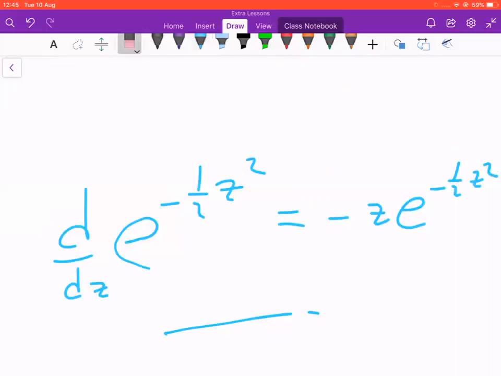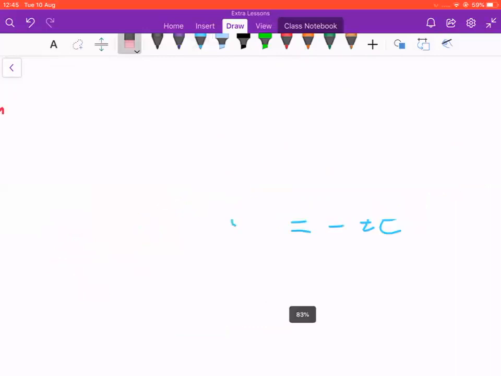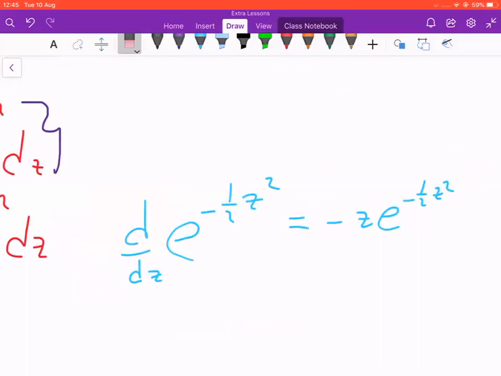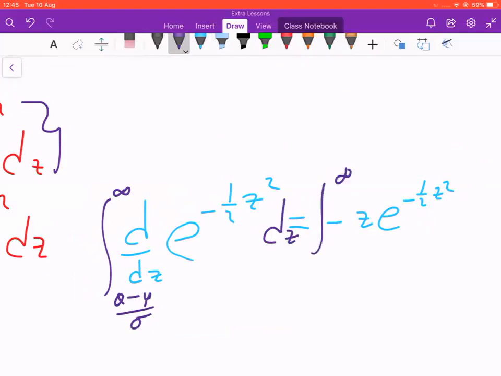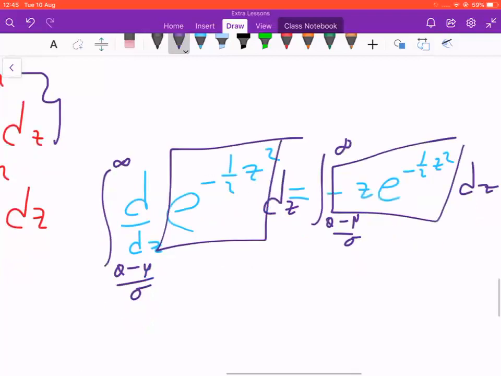I'm right, no? So by the fundamental theorem of calculus, if you have the integral from infinity to q minus mu over sigma of this dz, you will have to do the same on this side. And therefore, this thing is going to be equal to this whole thing over here.